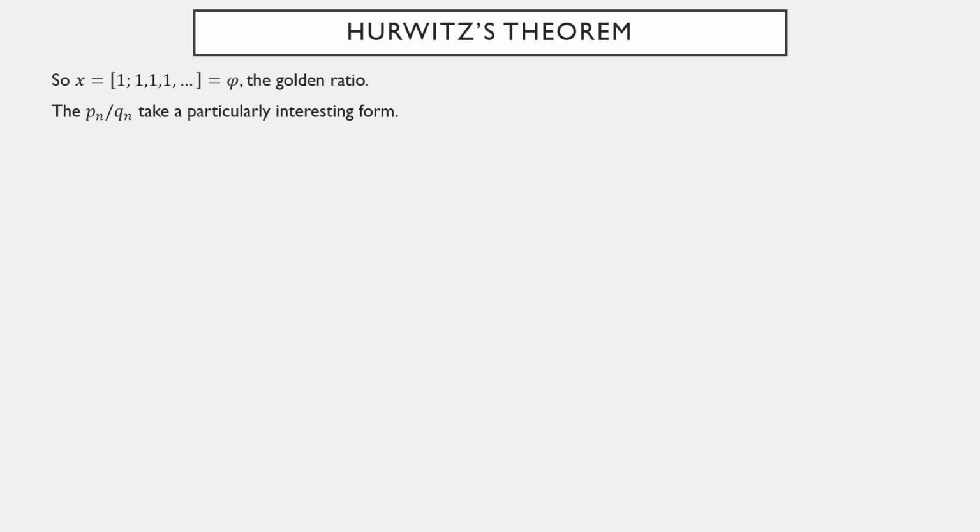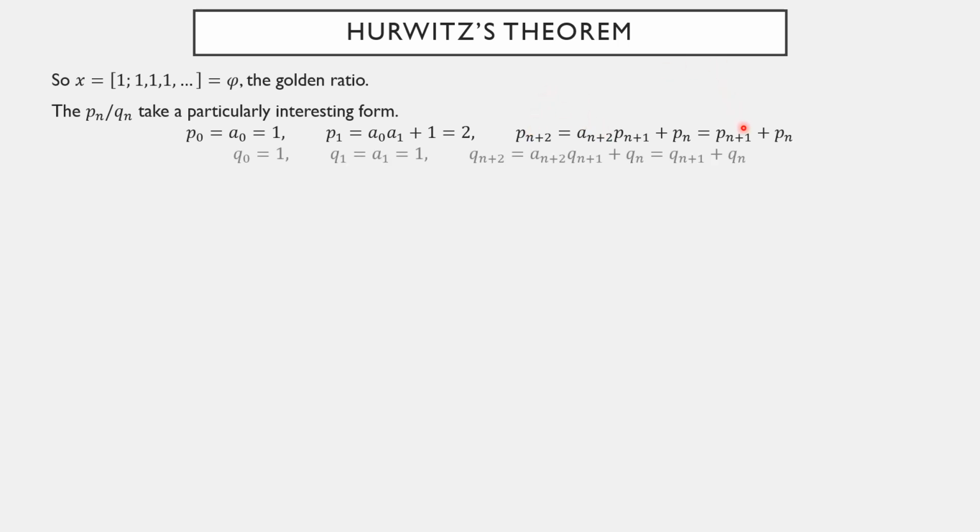So the convergents Pn over Qn: the p's start with a 1 and then a 2. And then because every partial quotient is equal to 1, this recursive formula just boils down to the next p is the sum of the two before it. The q starts with a 1 and a 1 and then has the same recursive formula. So both of them say the next term is the sum of the two before.